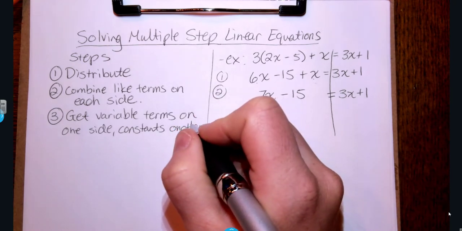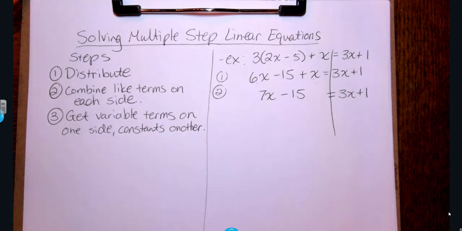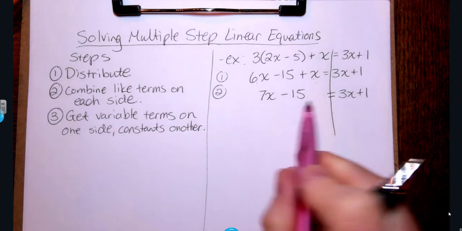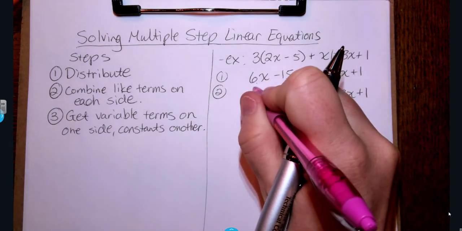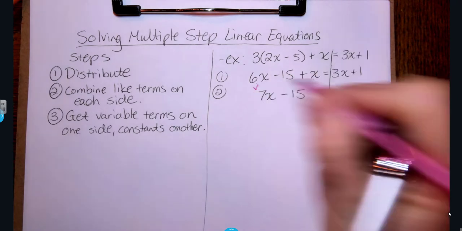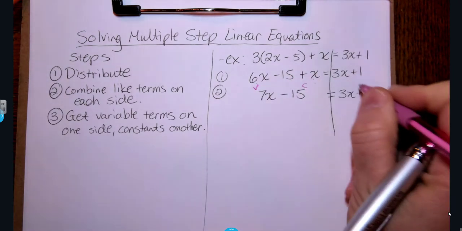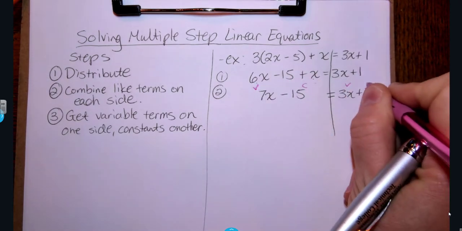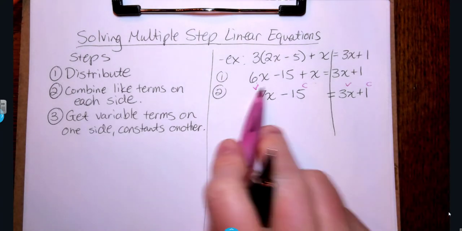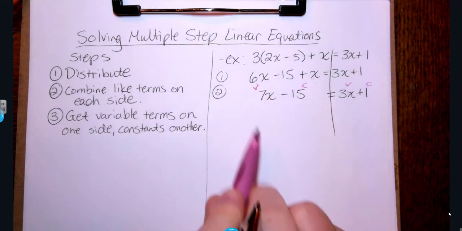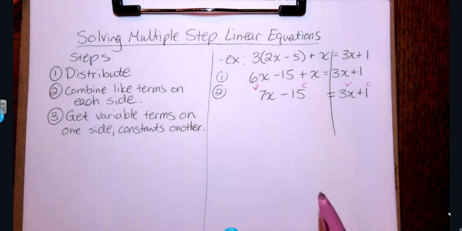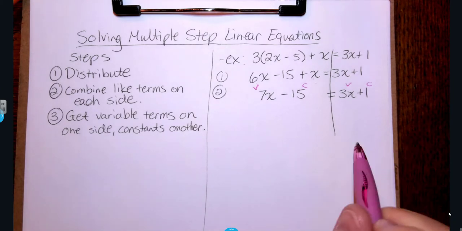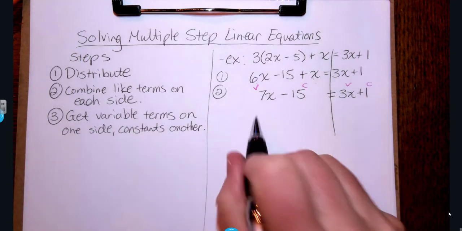I'm just abbreviating, using shorthand for my steps here. One thing I do sometimes is put a little v above the variable. The 15 is a constant, 3x is a variable, 1 is a constant. So I've got to get my v's, my variables, on the same side, and my c's together on the same side. Or sometimes people like to circle the variables and underline the constants.